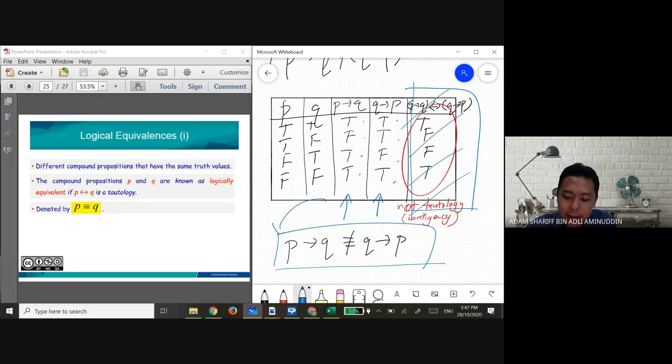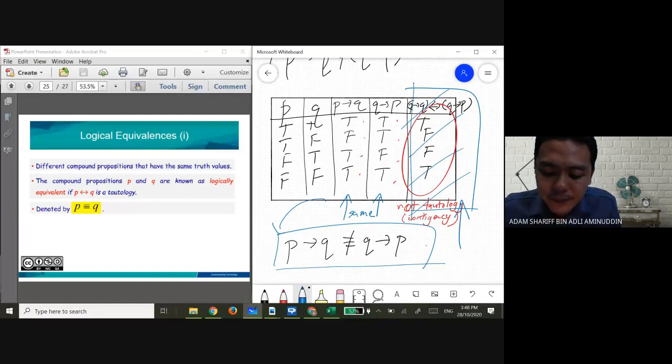This is the worst answer possible. This is the second best answer. You want to write same. Okay, if the students write same like this, sometimes I accept because it is correct theoretically. But the best possible answer is that they show that those two are not tautology.